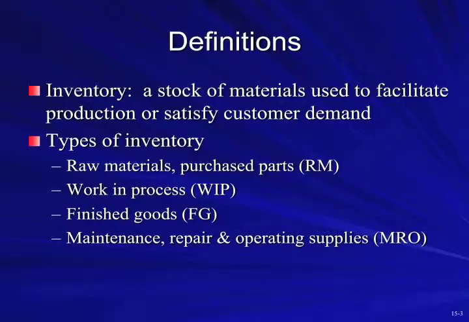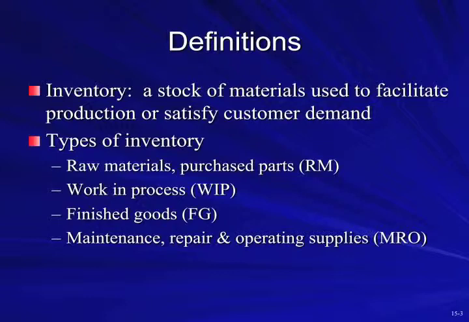Inventory is defined as a stock of materials used to facilitate production or to satisfy your customer's demand. There are different types of inventories. The traditional manufacturing categories are raw materials and purchase parts.